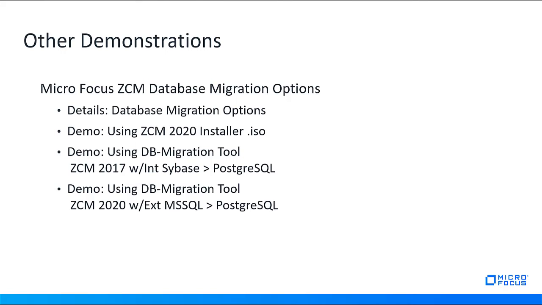There's a demo using the ZCM 2020 installer ISO, so if you forget to migrate your Sybase and you bring up the 2020 ISO, it'll automatically go into the database migration for you, telling you that you have to do that first. And then there's a demo using the DB migration tool going from the internal Sybase to the PostgreSQL, and then the DB migration tool going from external MS SQL to PostgreSQL.